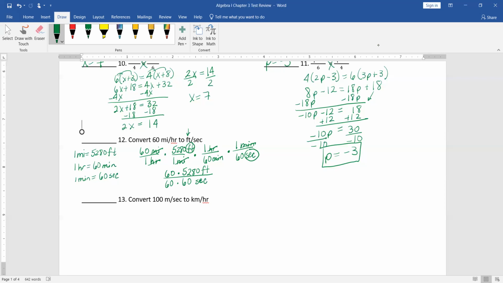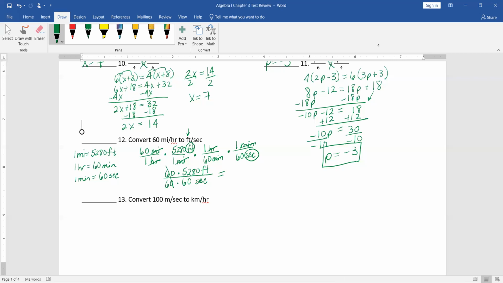When you do it this way, you can also see that the original speed of 60 miles per hour, in this case 60 divided by 60, is going to be 1. So we can cancel that out and we end up with 5,280 divided by 60.